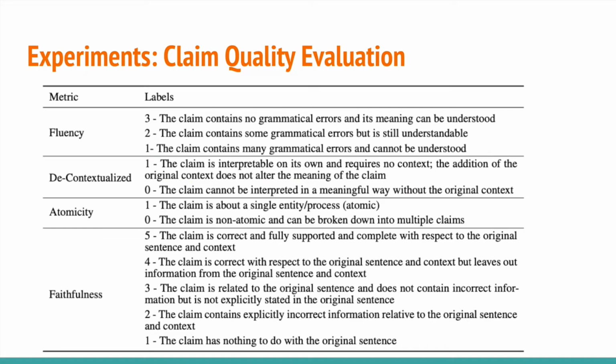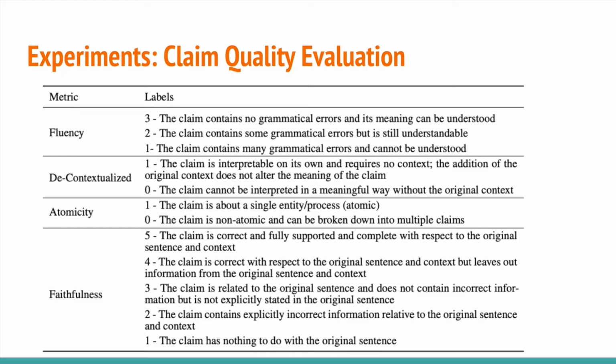So next, for the next research question, they investigate the generated claims' quality. Here's the metric that they use to evaluate the quality of the claims. They focus on fluency, decontextualization, atomicity, and faithfulness.